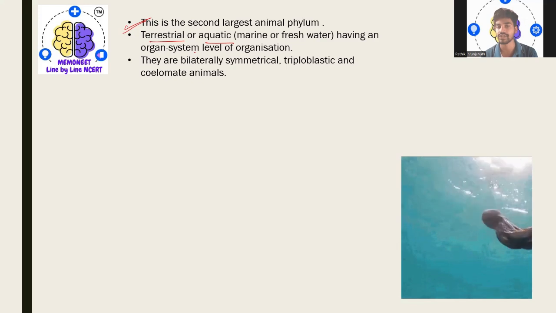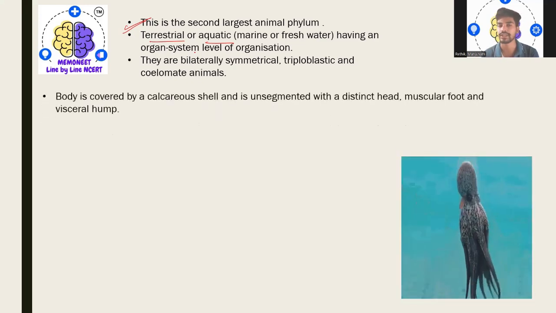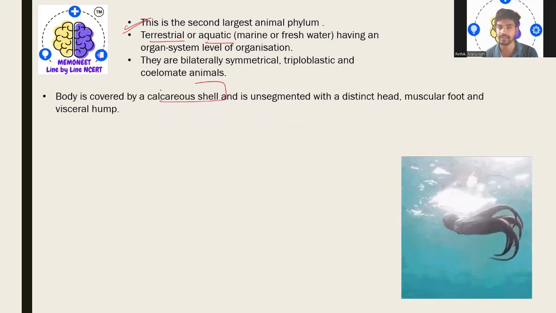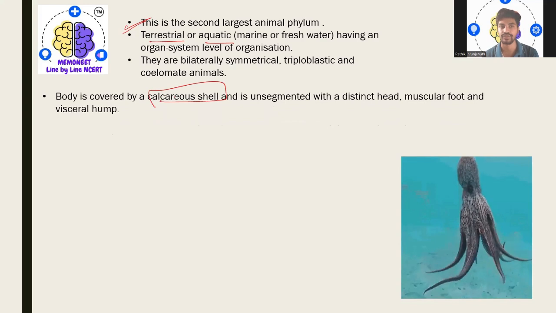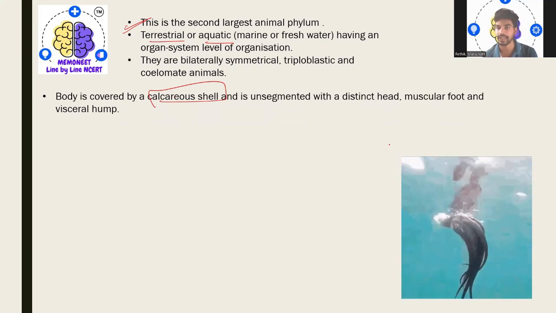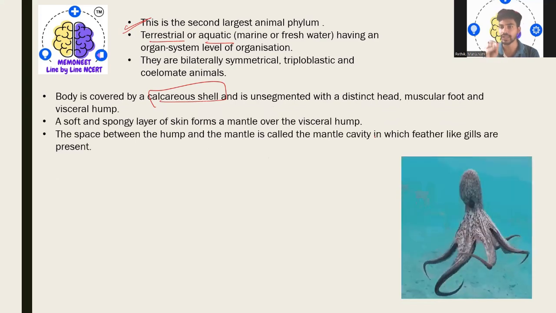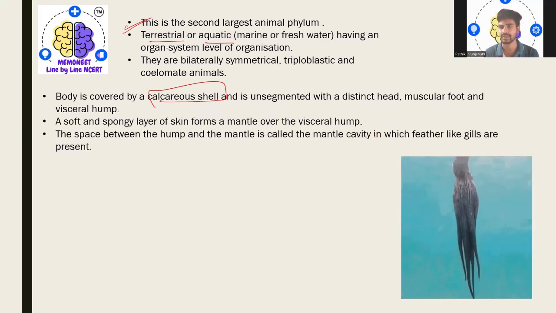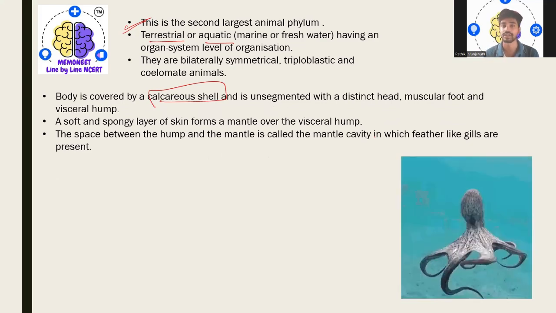They are bilaterally symmetrical, triploblastic, and coelomate animals. The body is covered by a calcareous shell. They are unsegmented with a distinct head, muscular foot, and hump. If you touch the body, it is very soft. And a spongy layer of skin can be seen here.